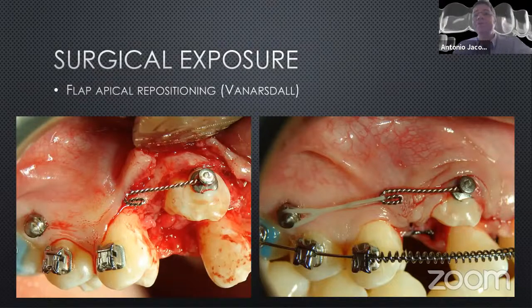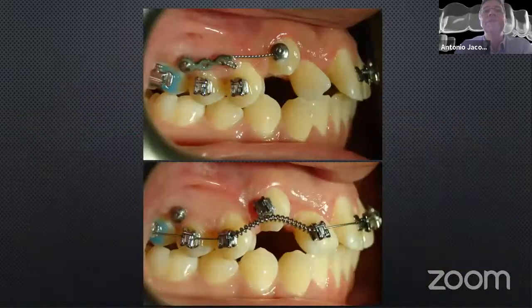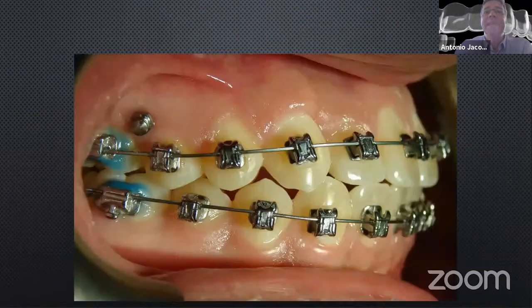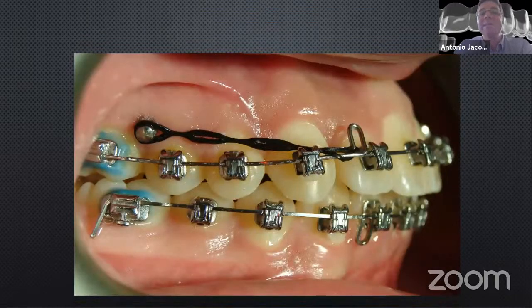And here I'm using the mini implant and just the recovering and repositioning of the flap to bring the canine to the proper position. And then at the end we have a nice gingival result on the canine. So it's a nice strategy also.